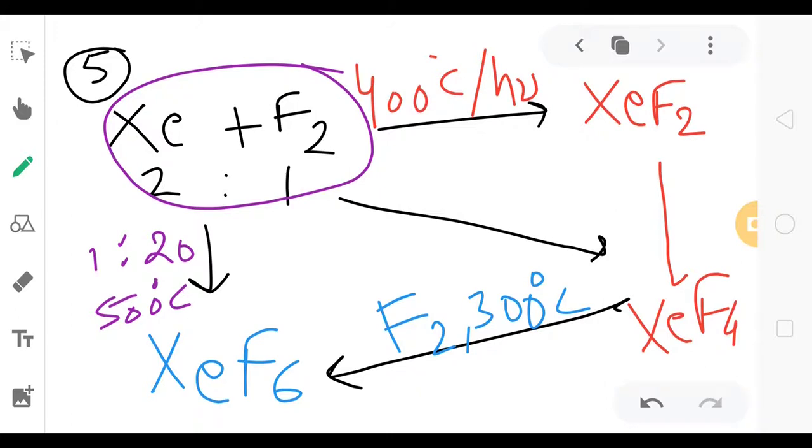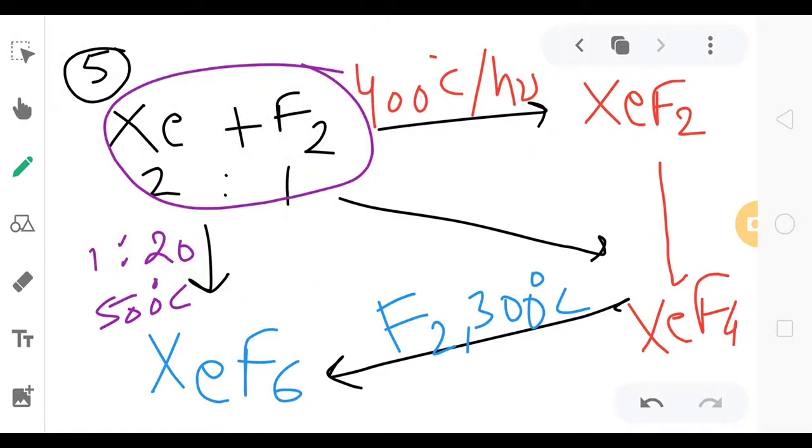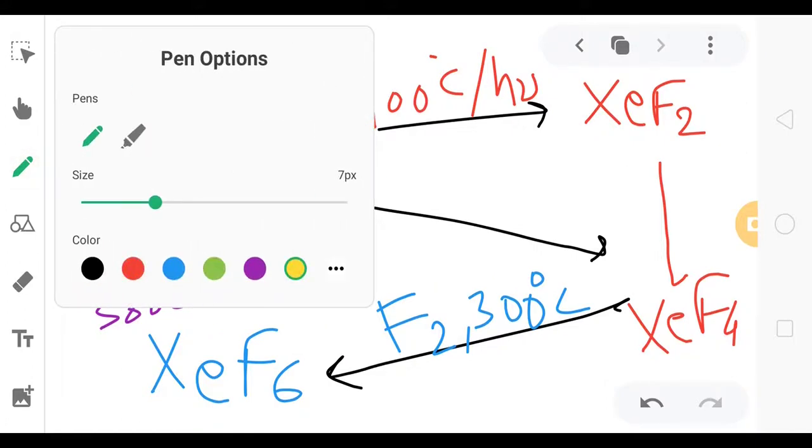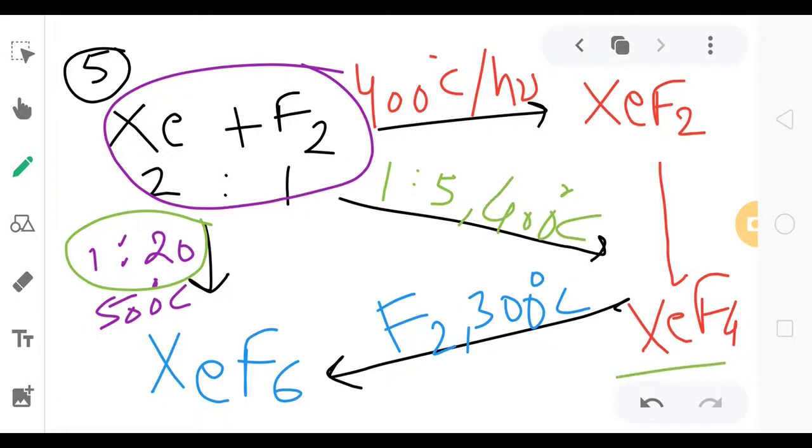But at the same time, if you now decrease the concentration, that means here you had taken 1:20, and now if you take 1:5, then at 400 degrees centigrade you will be getting your tetrafluoride, if you have kept the 1:5 concentration.